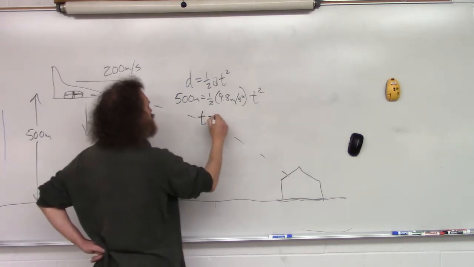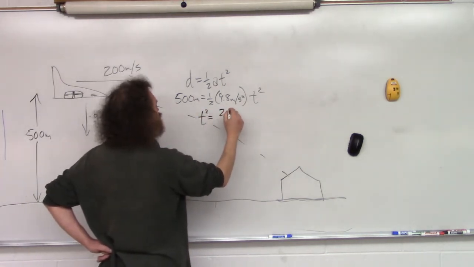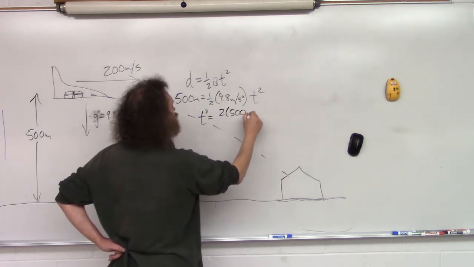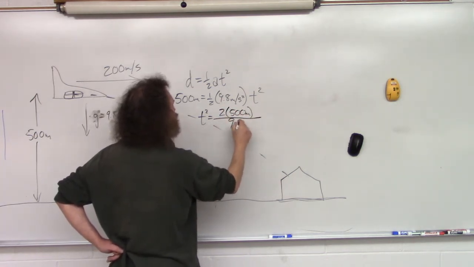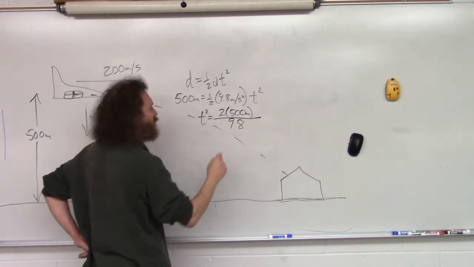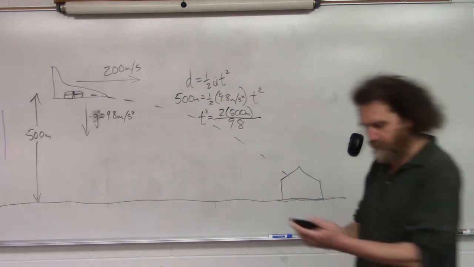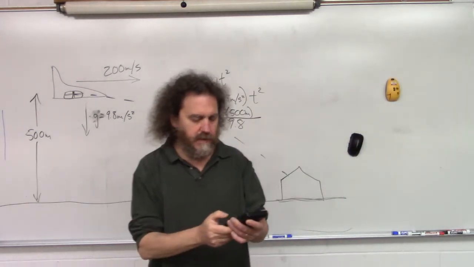And so t squared is 2 times 500 meters over 9.8. Actually, I have a calculator today.